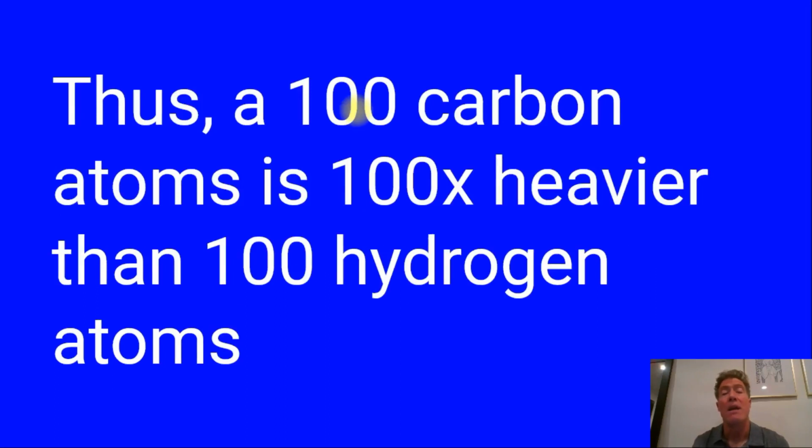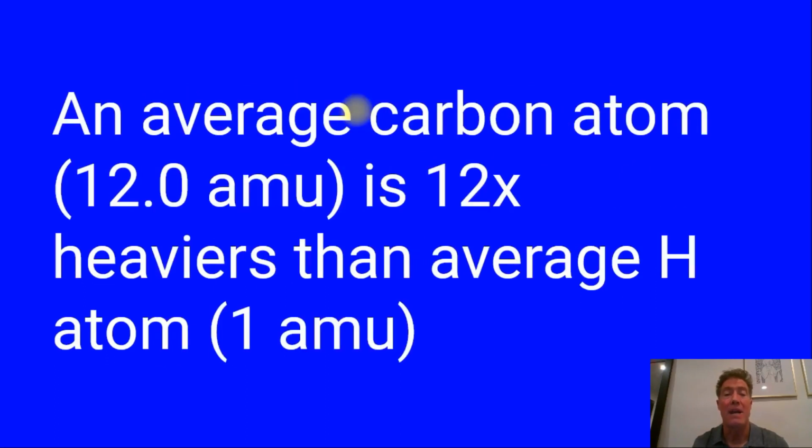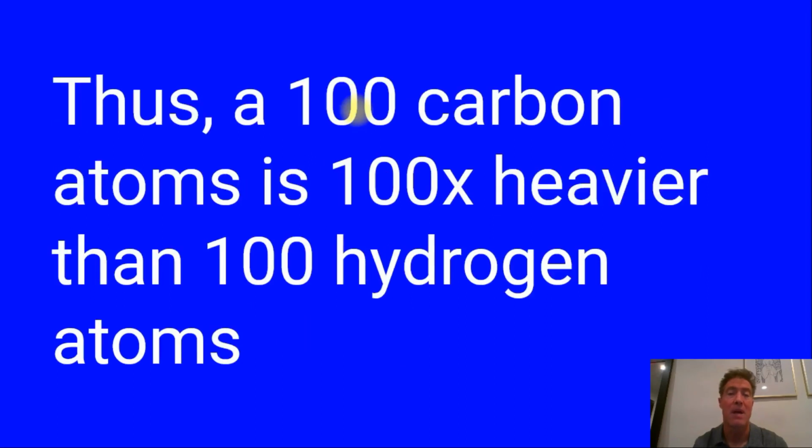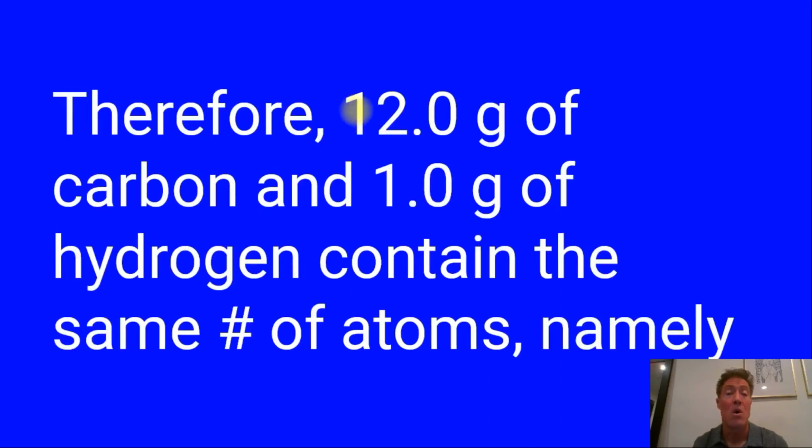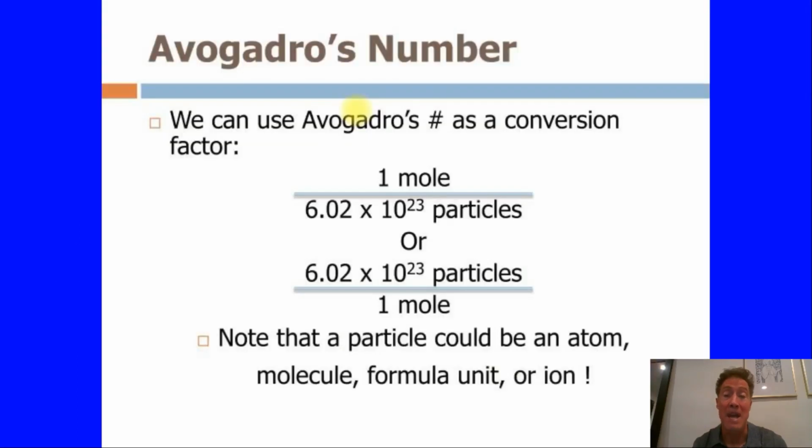So if every carbon atom is 12 times heavier than the hydrogen atom, then 100 carbon atoms is 100 times heavier than 100 hydrogen atoms. And any number of carbon atoms will be 12 times heavier than the same number of hydrogen atoms. So 12 grams of carbon and 1 gram of hydrogen contain the same number of atoms, namely Avogadro's number, the mole, 6.02 times 10 to the 23rd.